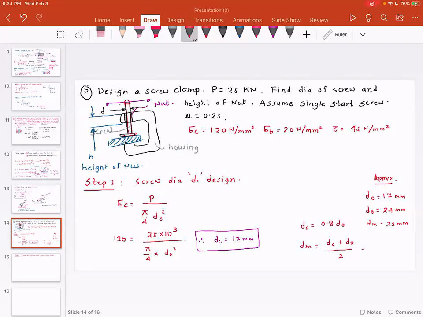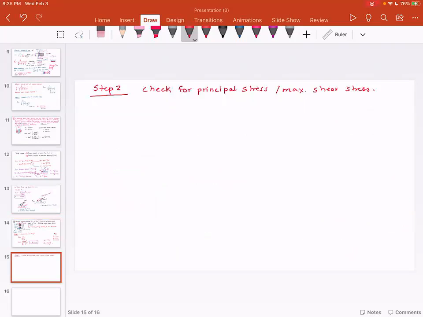So now I have core diameter, I have outside diameter, and I have mean. Please check my answers. So what I'm going to do is, first and foremost, find out the value of the helix angle.